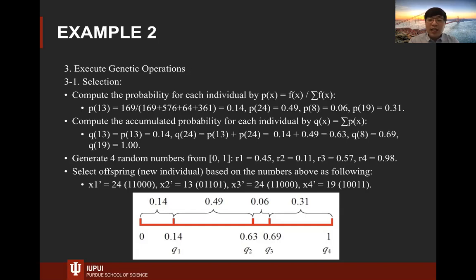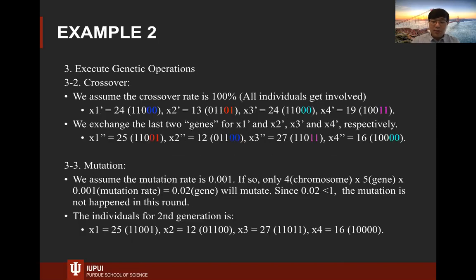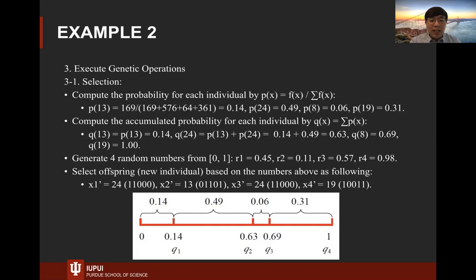So it got 2 offspring, and individuals 1 and 4 got one offspring respectively. And so right now you can see X1 and X3 are both 24. They both come from the original individual 2.